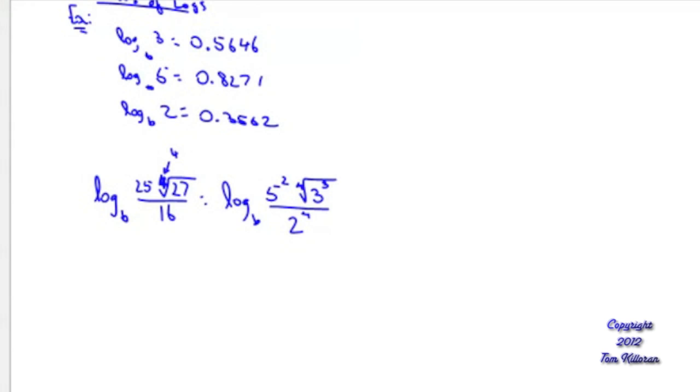How do you evaluate 8 raised to the 2/3 power? What's the 3 represent? It's a cube root because it's in the bottom. So if I have a 4th root, I can rewrite this whole thing as 3 to the 3/4, because the 4 has to go in the bottom. So this is equal to log base b of 5 squared times 3 to the 3/4 power over 2 to the 4th.